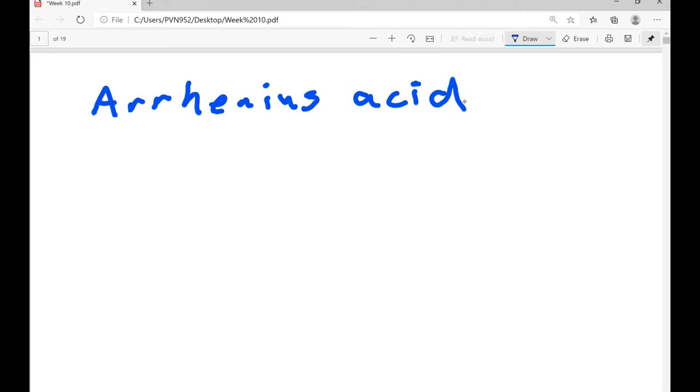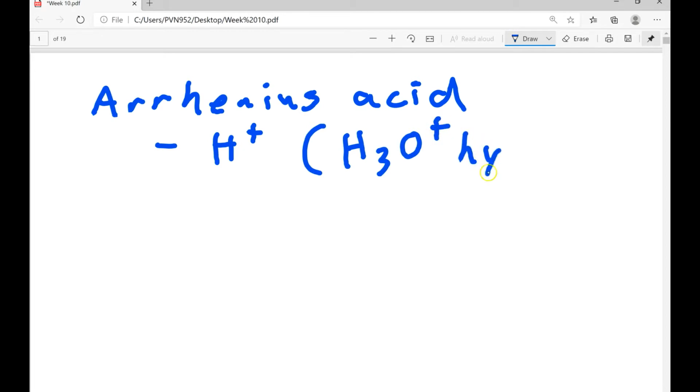So Arrhenius acids, what they do is they form H+ ions in solution, so they form hydrogen ions in solution. We can also think about Arrhenius acids as forming H3O+ or hydronium ions in solution.